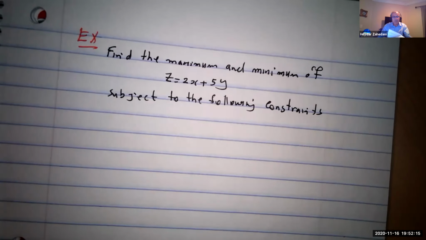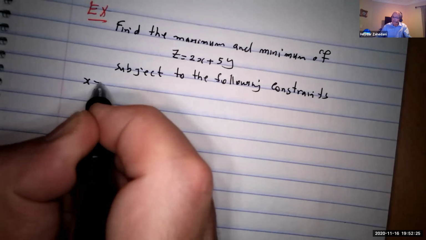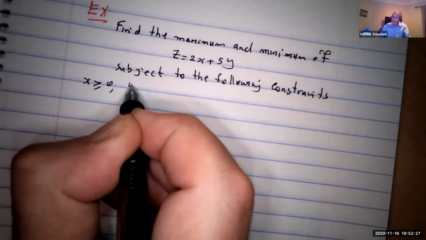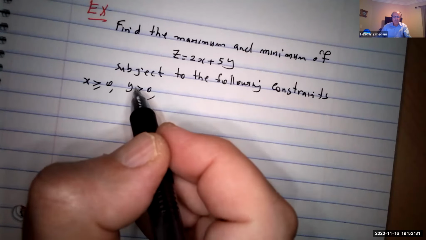So what is the condition this time? The condition is a bit different. We have x to be positive, y to be positive. Then you are going to have the following conditions.